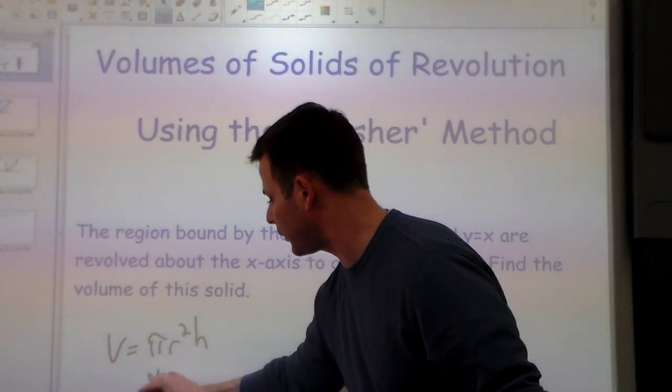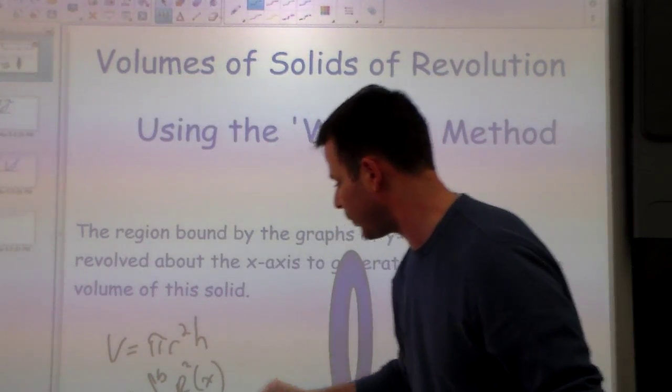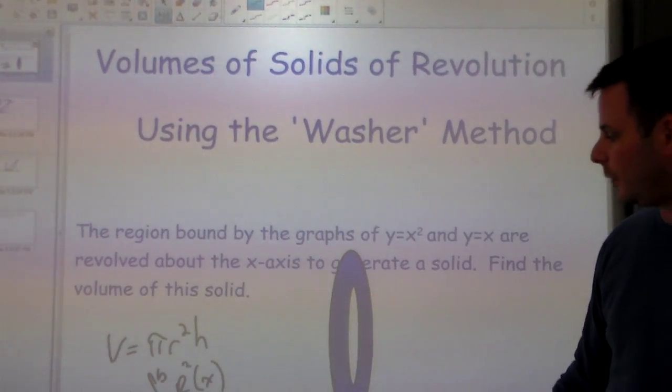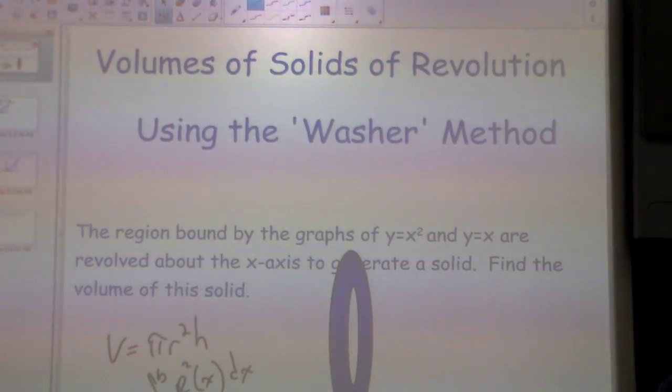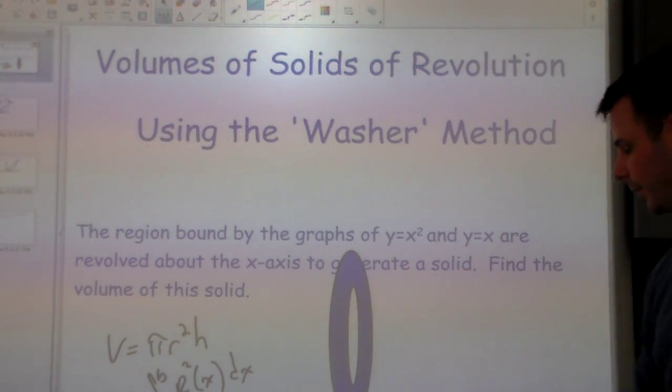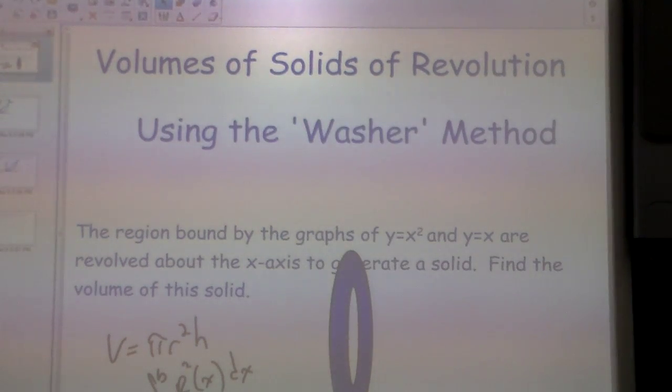That pi is a constant multiple. The radius with respect to x, that's if we're revolving about the x-axis using disks. And h is dx, the height of that cylinder, the width of each subinterval. So visualizing this will be important with our procedure on how to calculate the volume using washers.